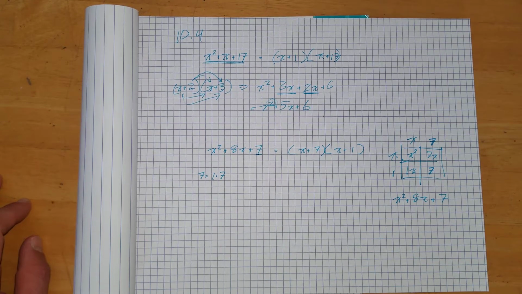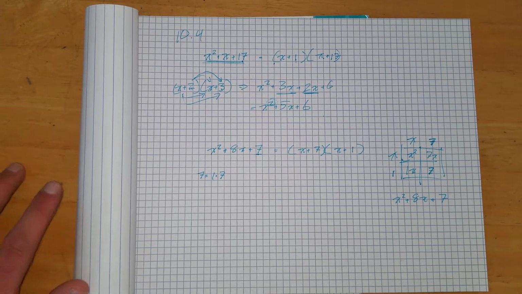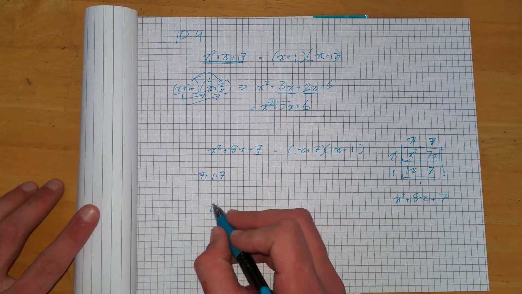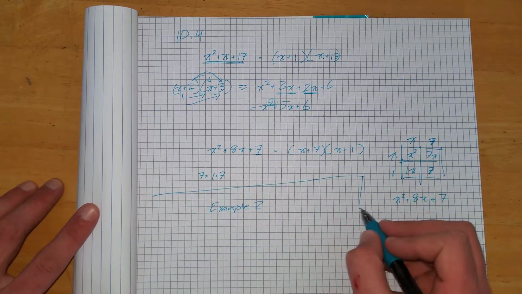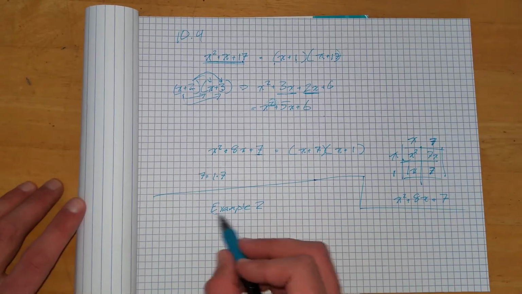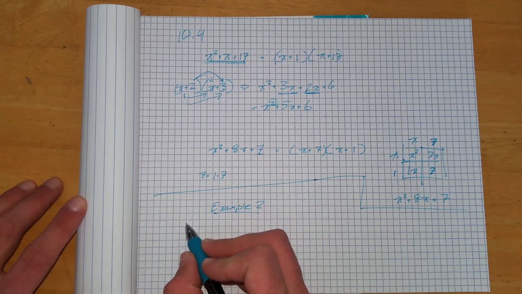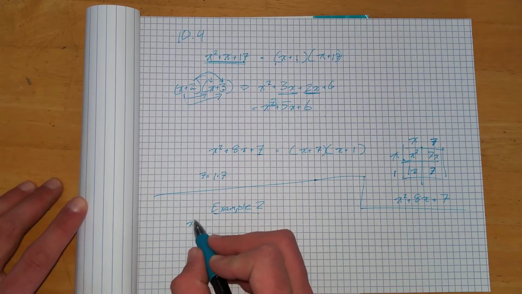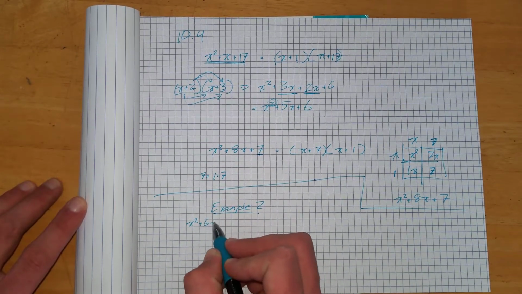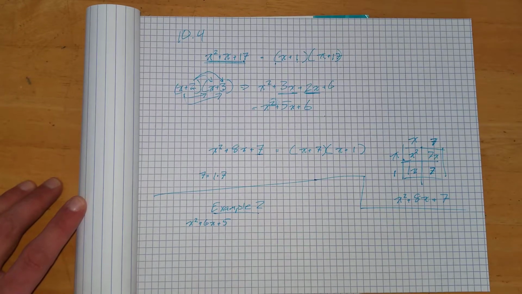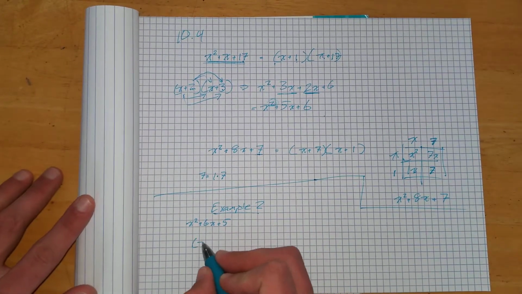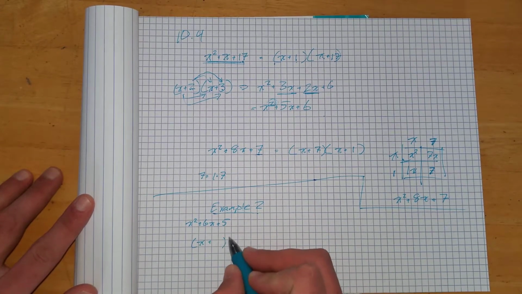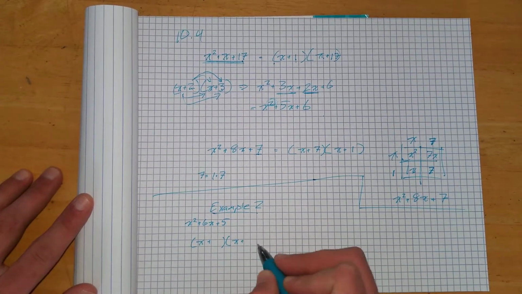Let's look at problem 2. Factoring, example 2: x squared plus 6x plus 5. Again, we're going to write this as multiplication of two polynomials.